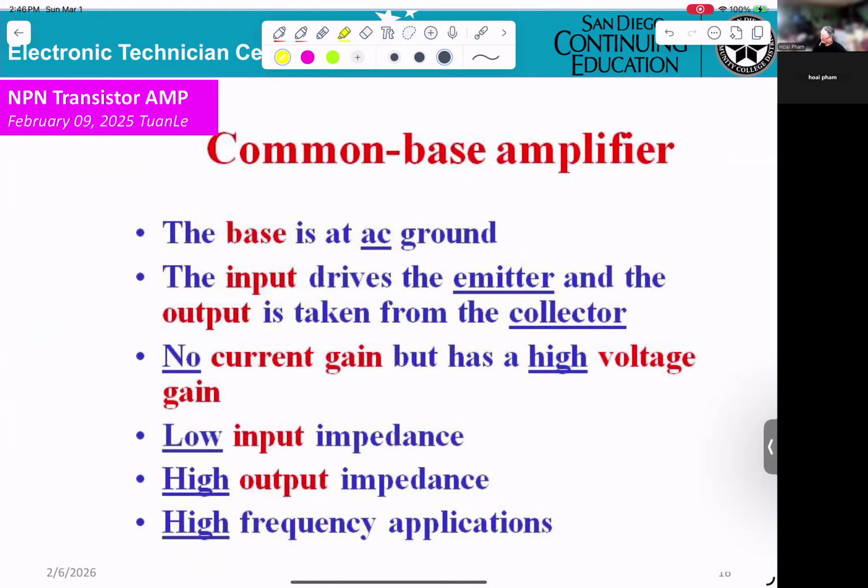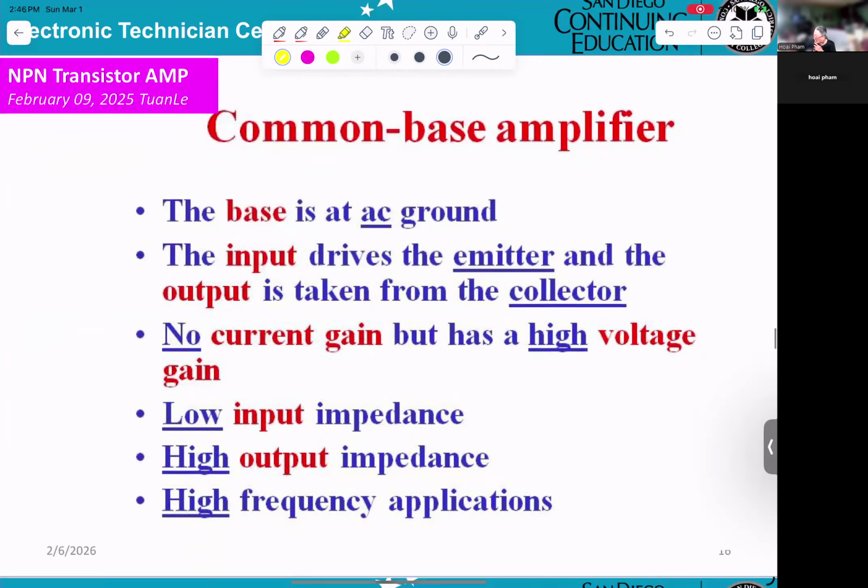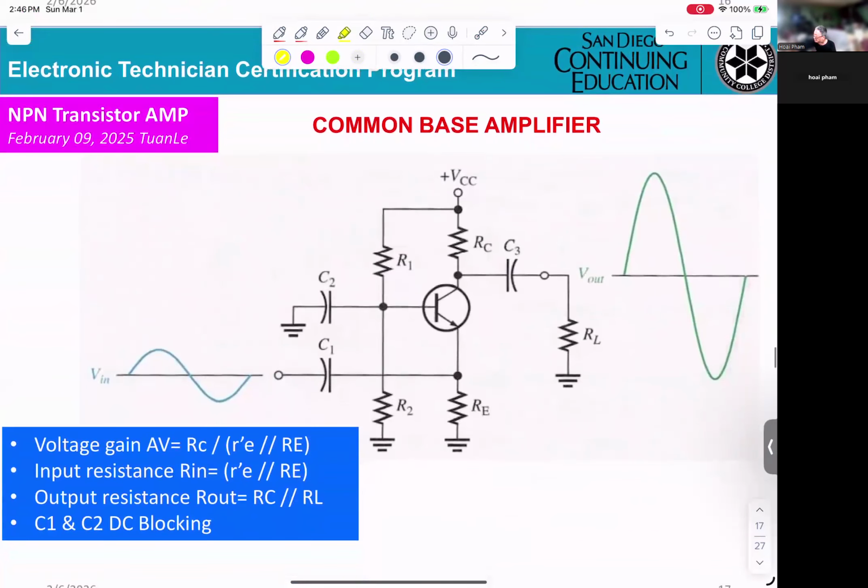So that covers all of the common emitter amplifier. Now you can see common base, input applied here to the emitter.